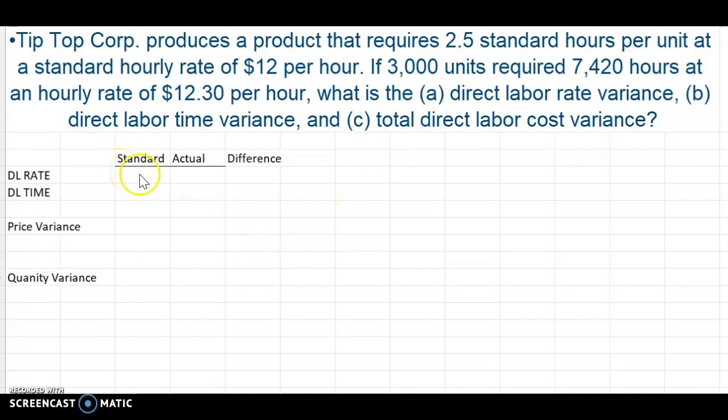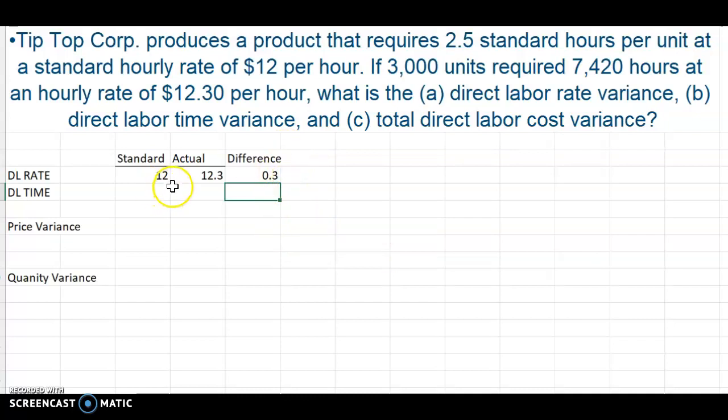The standard rate is $12 and the actual rate is $12.30. So the difference here is 30 cents.